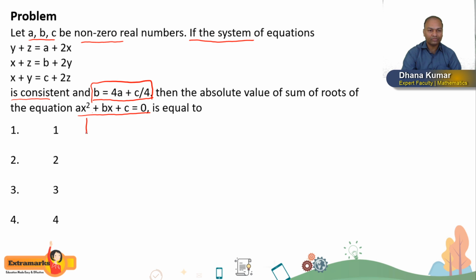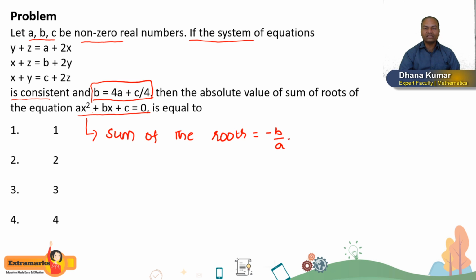First I am writing the formula. Sum of the roots formula is minus b by a. If you know the values of a and b, directly we can substitute and the problem is over. Understood? So here we want the a value and b value.